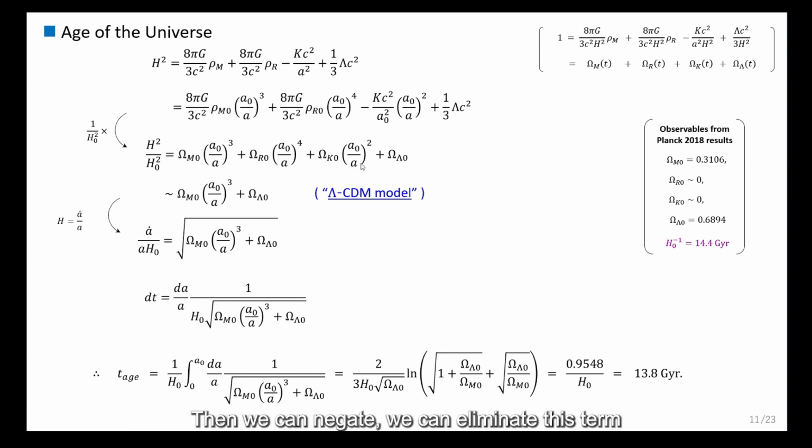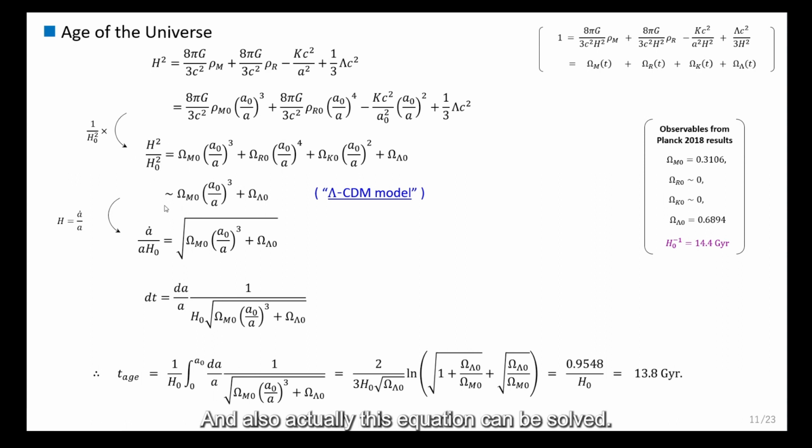Then we can eliminate this term because this part is very small. And if you multiply by H0, where 0 means the current, the present value of the universe, then this part becomes like this.